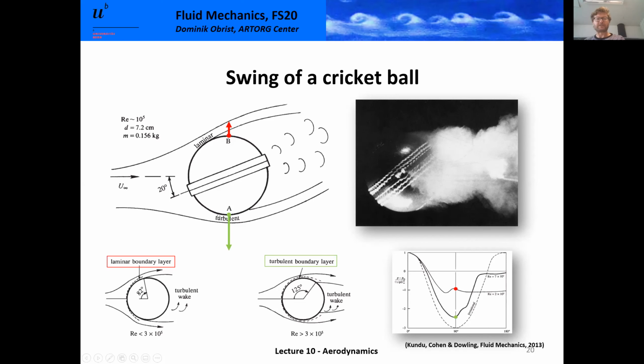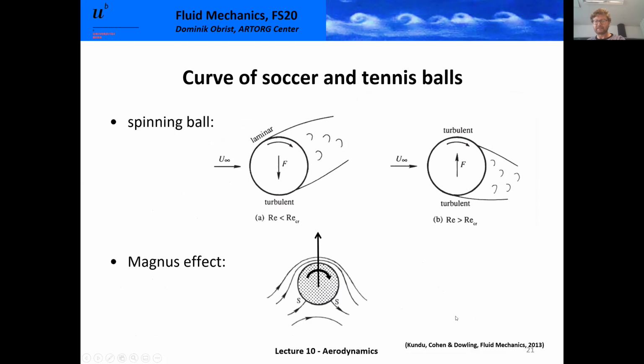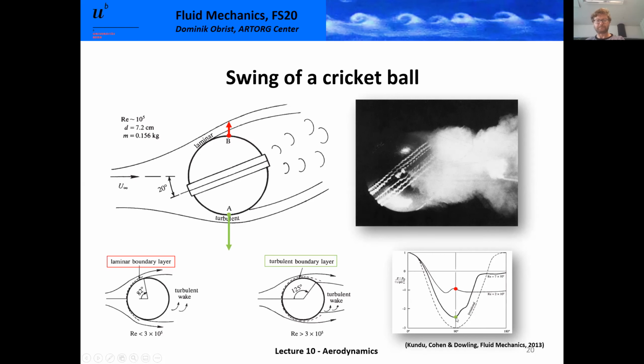The boundary layer is turbulent and remains attached for much longer, and the separation point is back here. So we're on the solid black line, and here at the 90 degree point, we're in this configuration. We have a much lower pressure. The flow is much faster. And so the resulting force, this is now a lift force and not a drag force, pulls the ball in a downward direction, or if we look in the direction of flight, it's pulling it to the left.